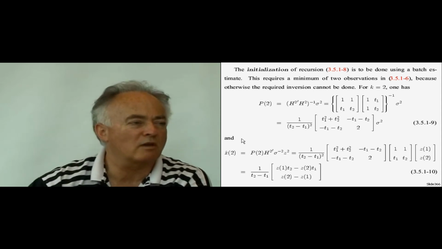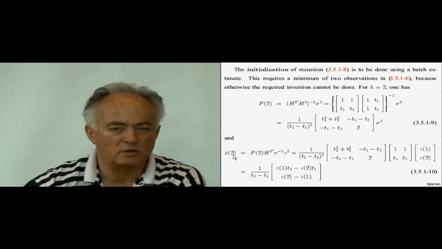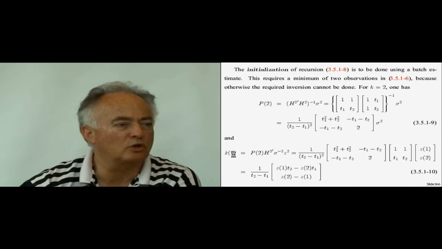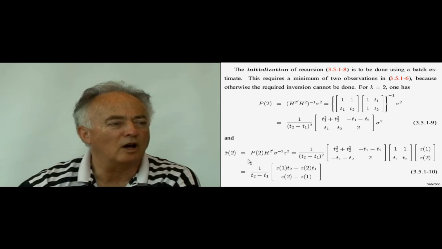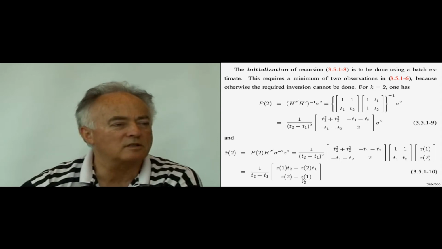Then we have the batch estimate from two measurements of the two parameter vector, and as you can see, if we solve it, this is for the position, this is for the initial velocity. Clearly the initial velocity is the second minus the first divided by the time difference, and the initial position is just a linear combination, weighted combination of the two measurements.